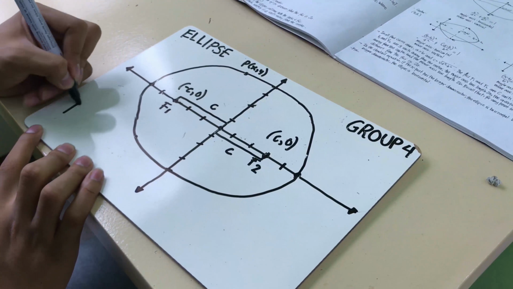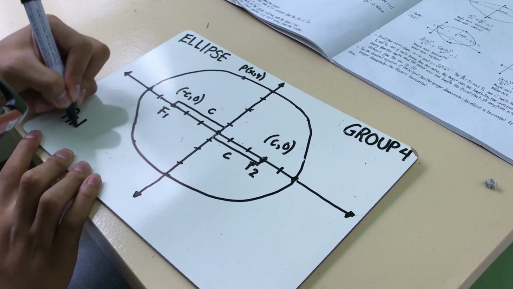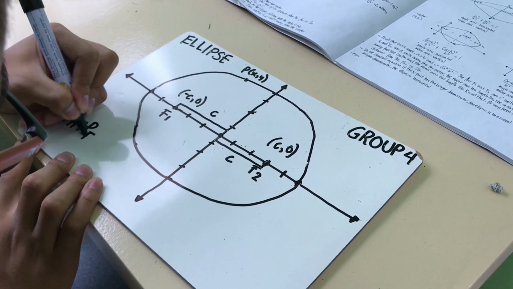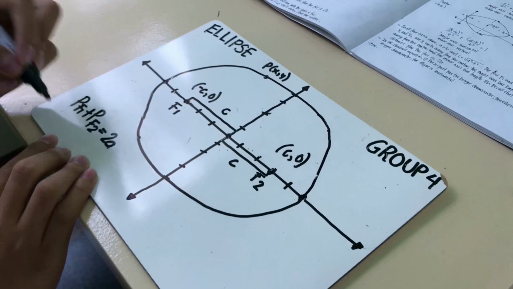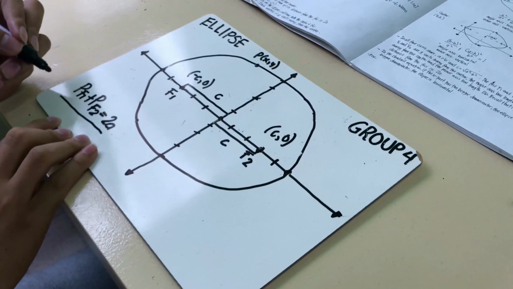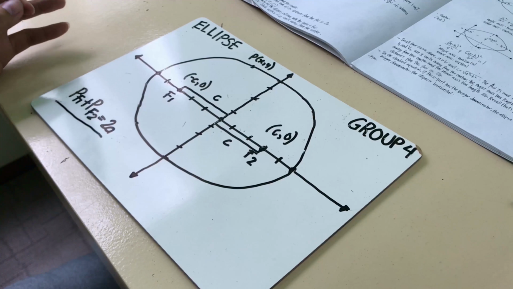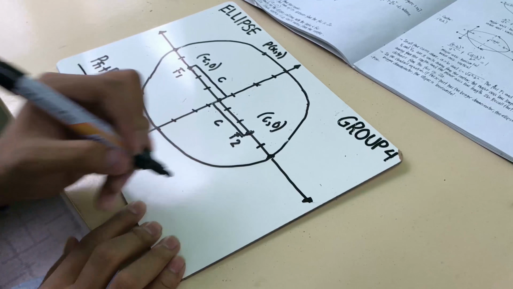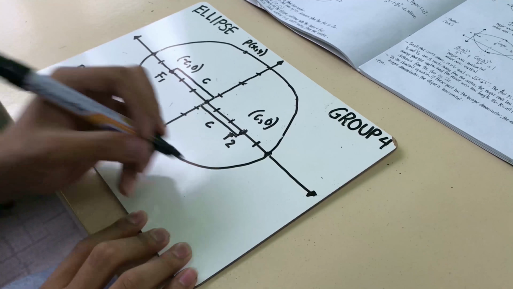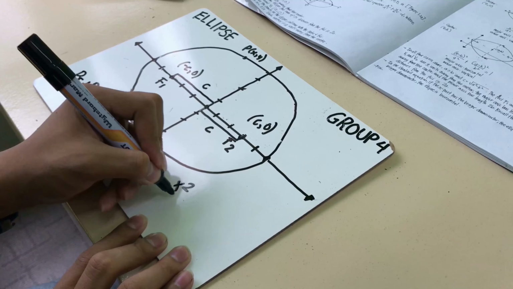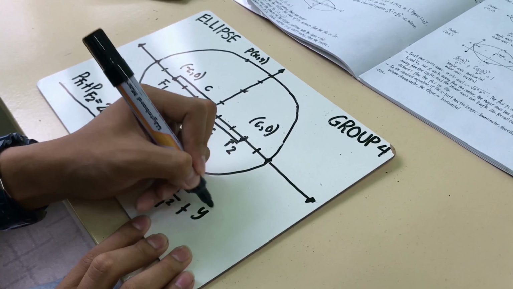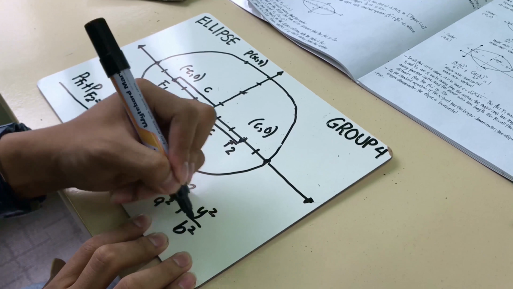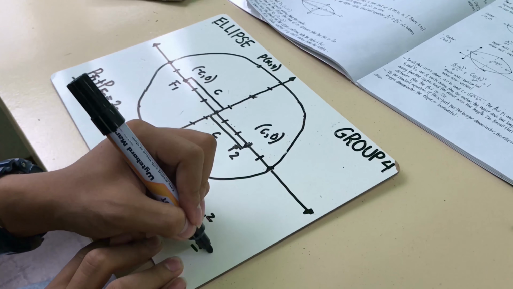So with that, we have BF1 plus BF2 is equal to 2a. From this equation, with careful derivation, we get the standard equation of the ellipse, which is x squared over a squared plus y squared over b squared is equal to 1.